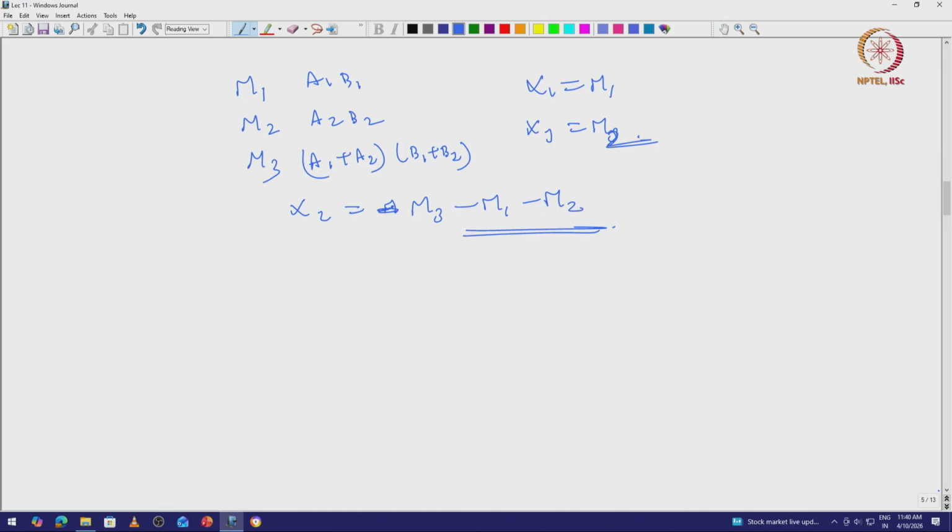Therefore, I am able to get x1, x2, x3 with only 3 multiplications done and some linear cost, that is in order n anyway.